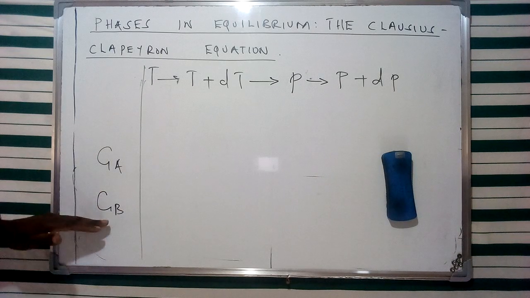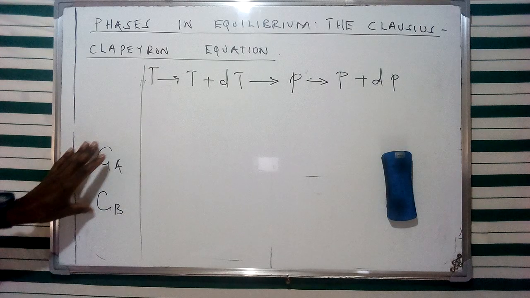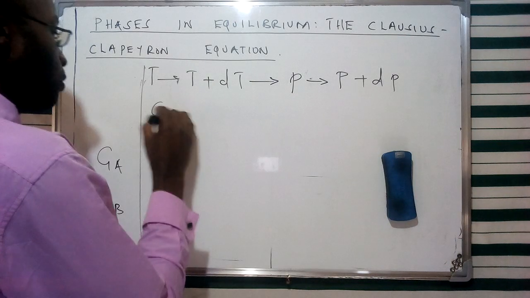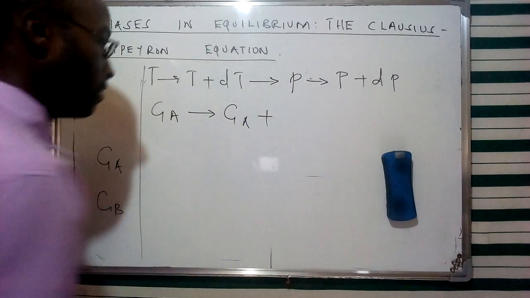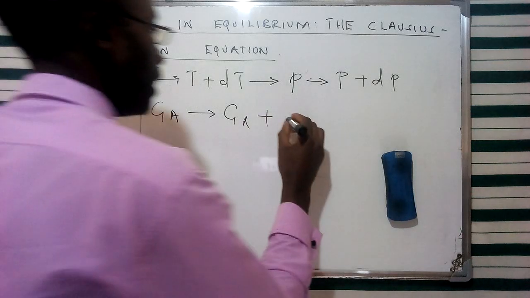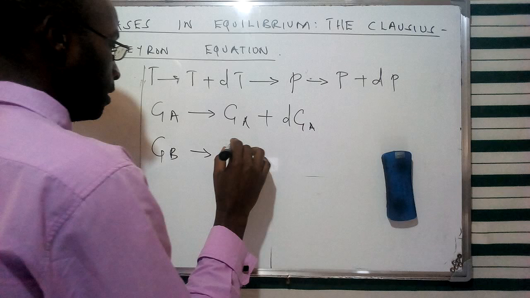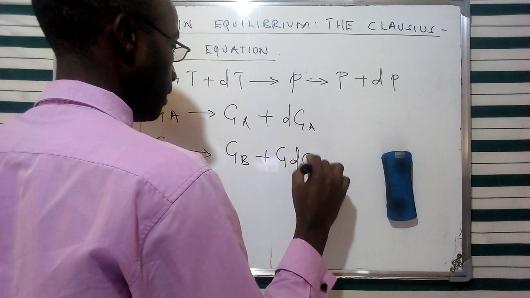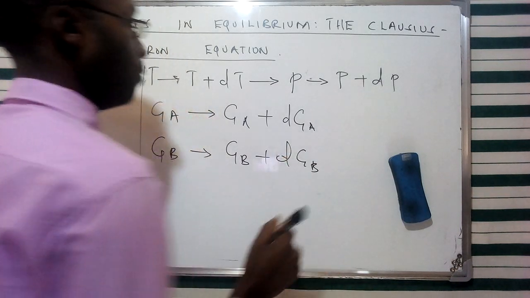So if we were representing the Gibbs free energy for the two phases A and B, we can take this idea to the change in free energy of the system for phase A and B, whereby the change in free energy for phase A is given as Ga plus dGa, and the change in free energy for phase B is given as Gb plus dGb, for the two phases respectively.